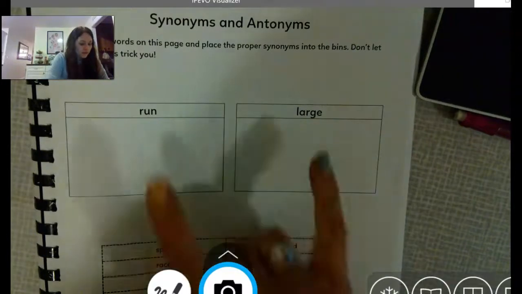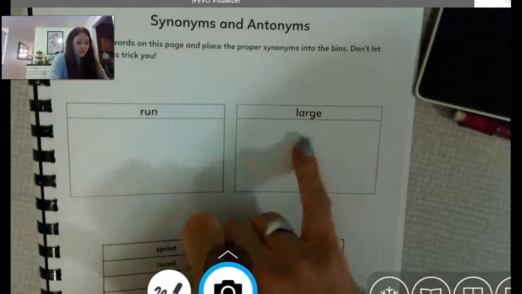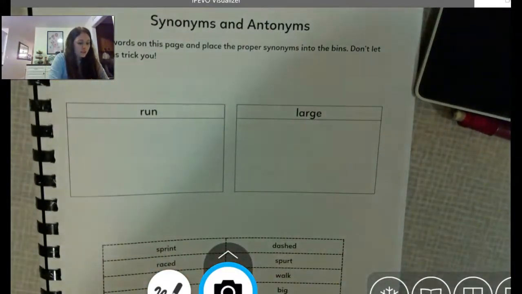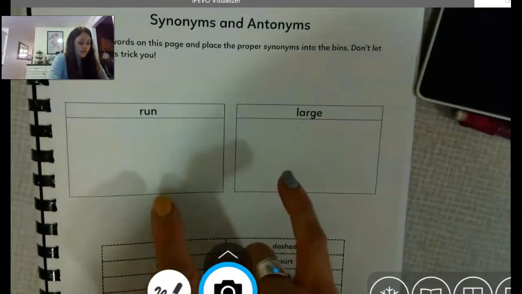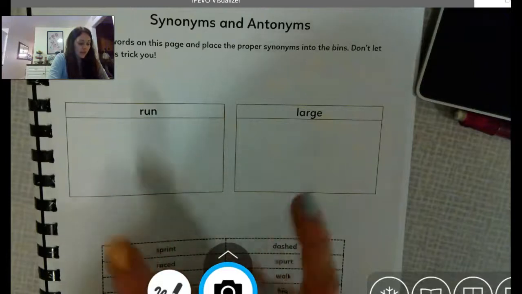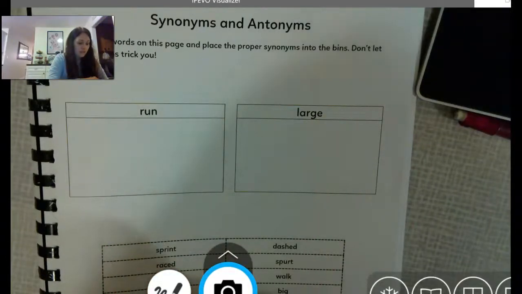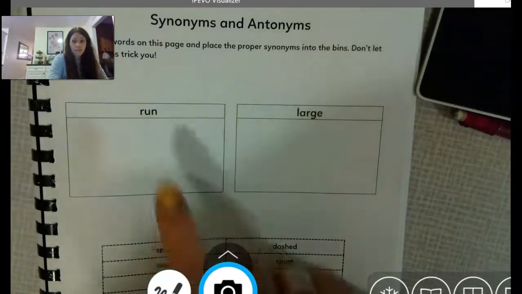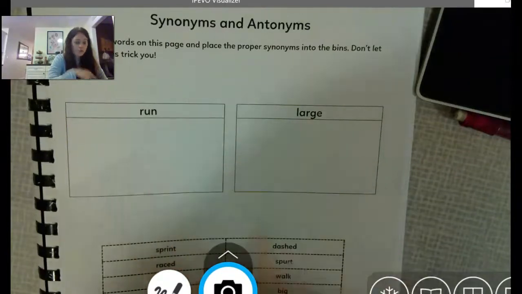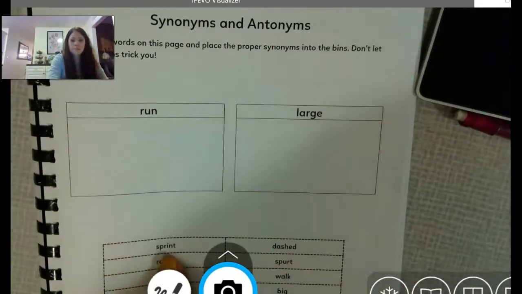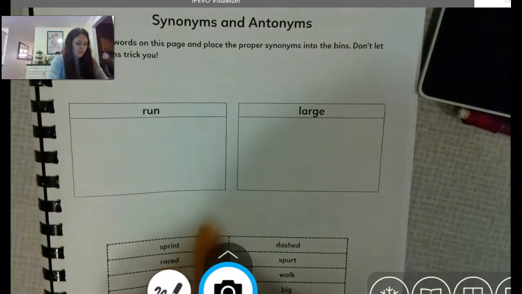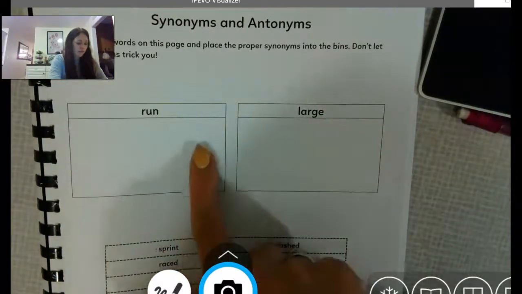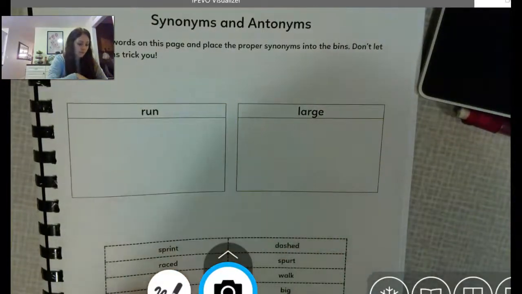So cut out our words, and then you're going to sort them to figure out which ones go in run and which ones go in large. There are going to be words that are synonyms and antonyms, and you're going to decide whether they fit in with run or large. Like the word sprint, if you've ever heard someone say that they sprinted really fast, that's another word for run. So that one would be glued here.